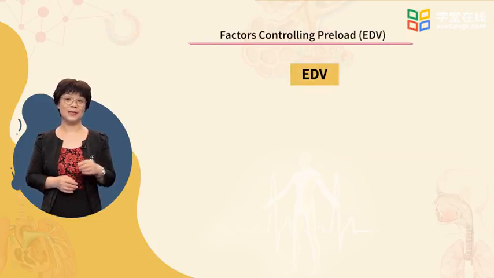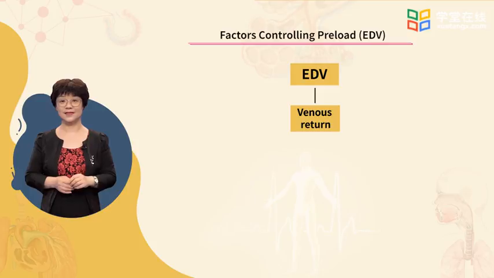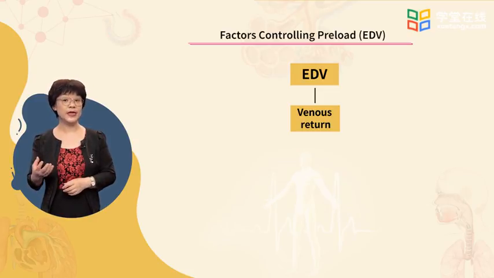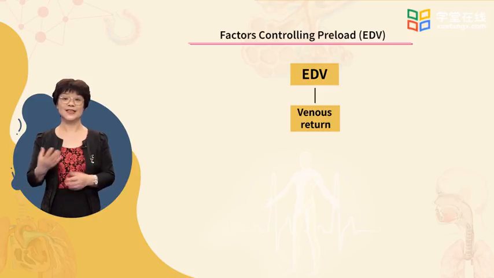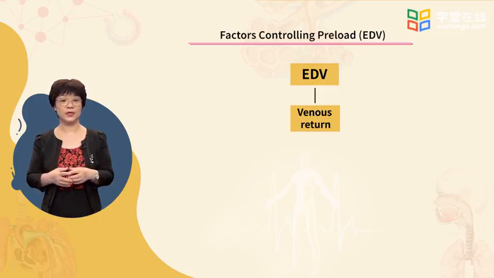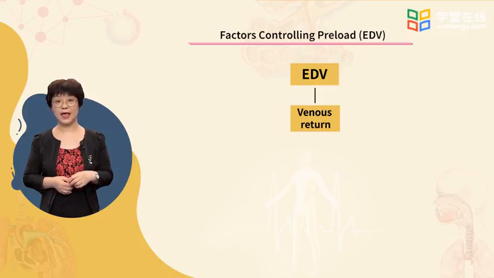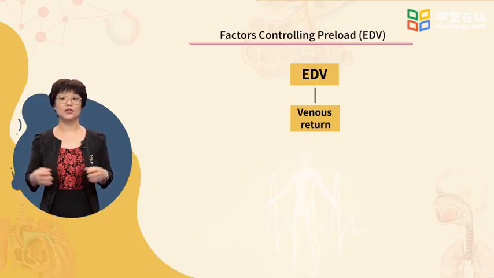EDV is determined by venous return, the amount of blood returning to the heart. Anything that increases the volume or speed of venous return, such as a slow heart rate or exercise, increases EDV and consequently contractile force and SV.